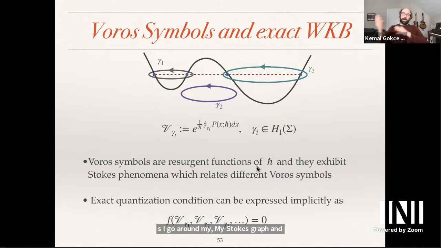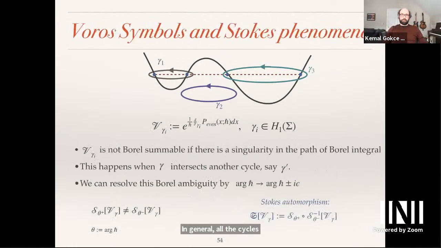And again, I have to impose certain conditions on my wave functions: boundary conditions, normalization condition, and so forth. That condition will give me some further relationship between these Borel symbols, and that will be my exact quantization formula. And it's not just the action associated with the classically allowed motion. It will in general be all the cycles that appear in my spectrum. Okay, that's my overview.